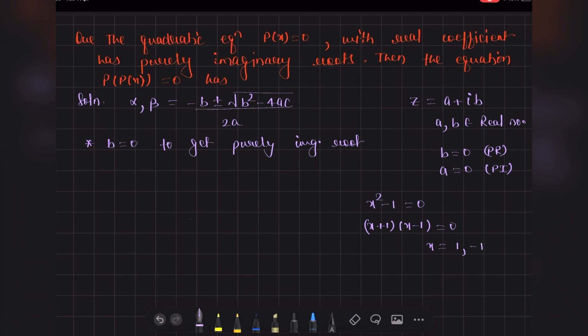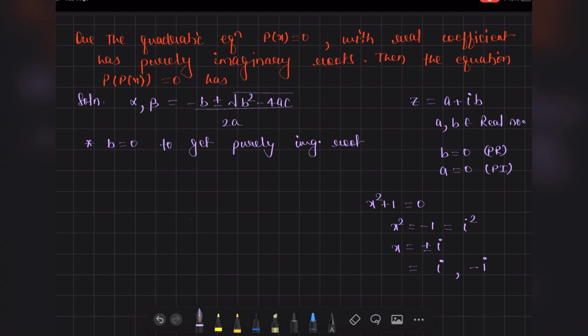But we want purely imaginary. Now imagine that instead of x square minus 1, we take x square plus 1. So you will have x square equals minus 1, and you know that iota square is minus 1. So x is plus or minus iota, meaning your roots are iota or minus iota.